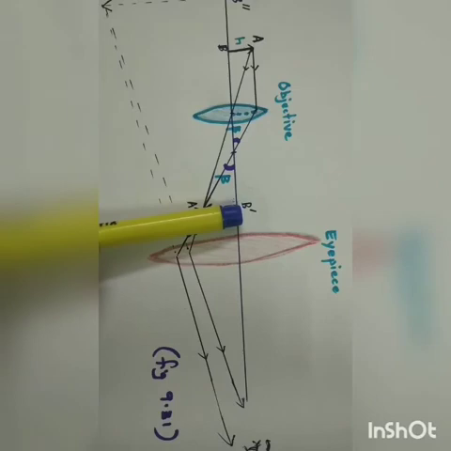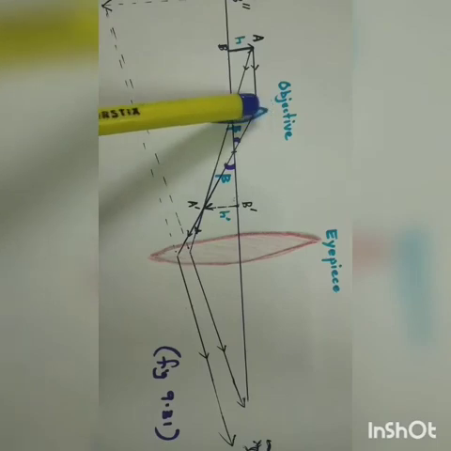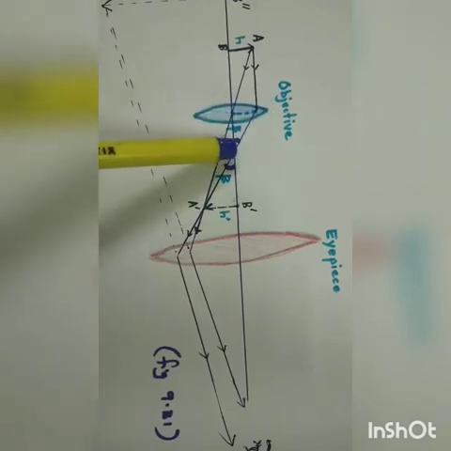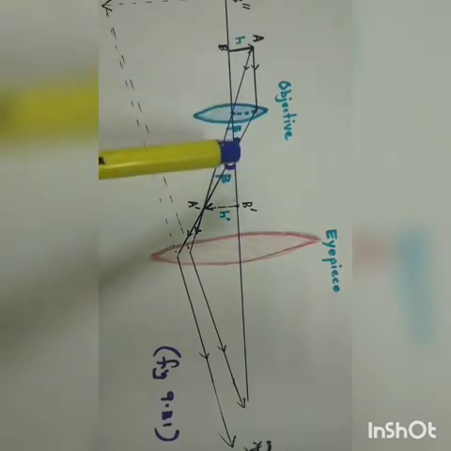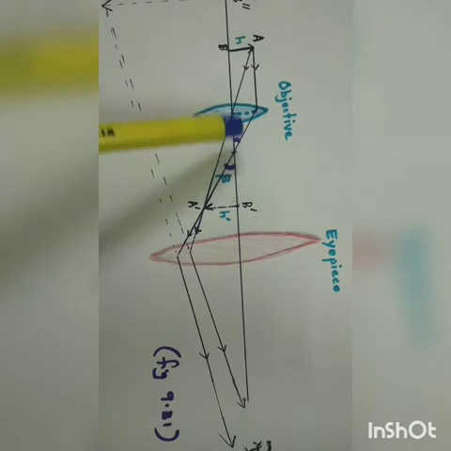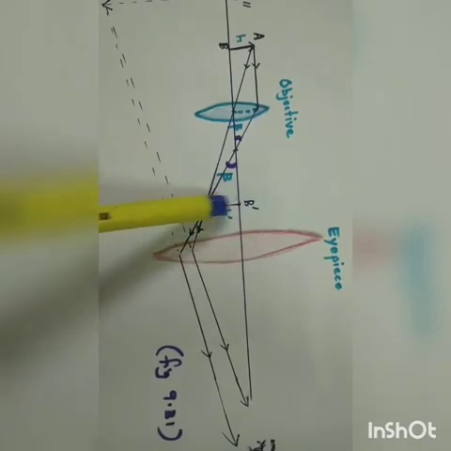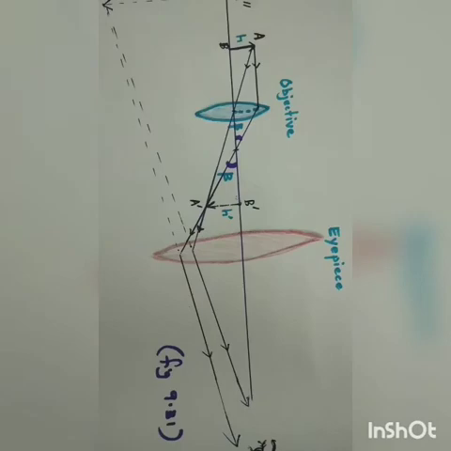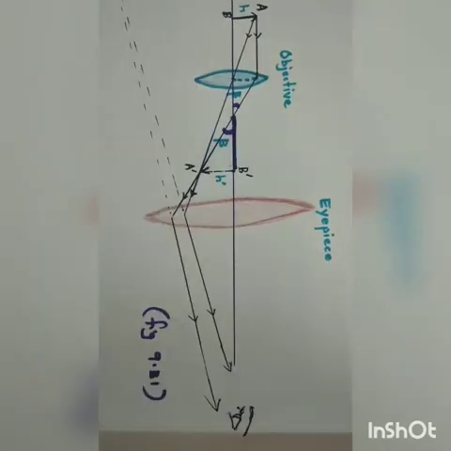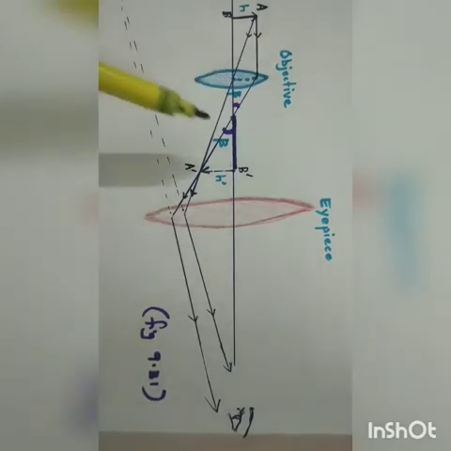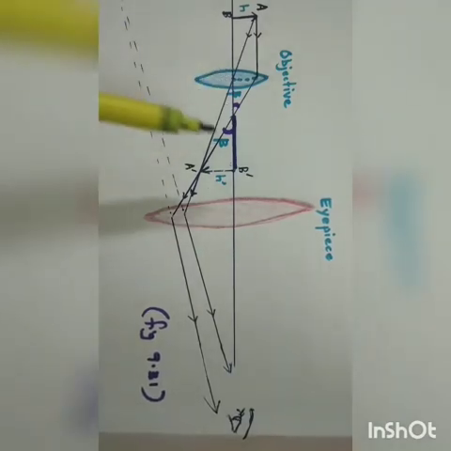What is tube length? It is the distance between the second focal point of the objective lens and the first focal point of the eyepiece.